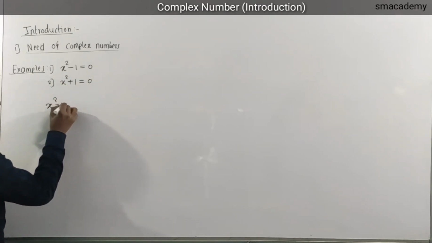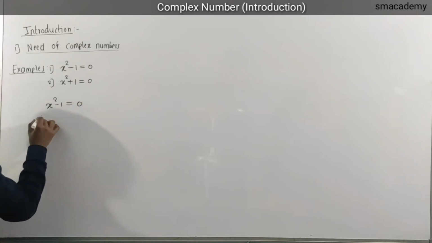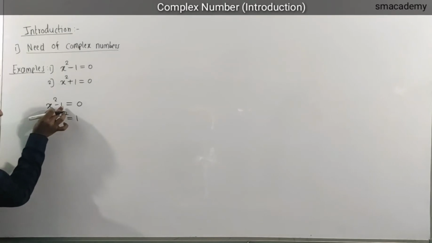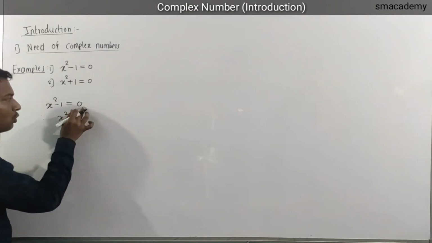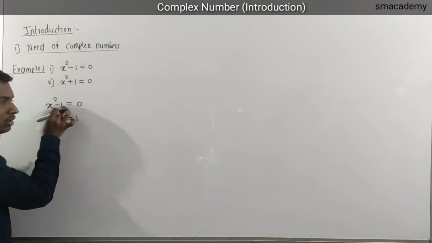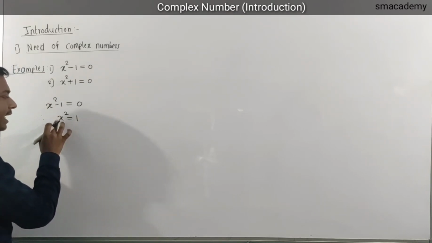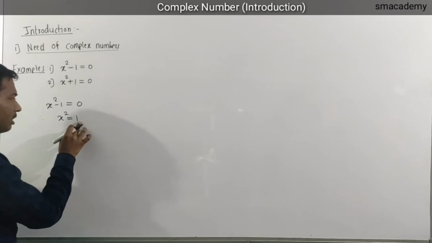x square minus 1 is equal to 0. Therefore x square is equal to plus 1. Why? Because x square minus 1 is equal to 0, this minus 1 going towards the right side will be plus 1. Therefore we get x square is equal to plus 1. Clear?